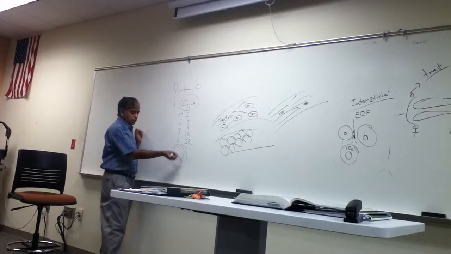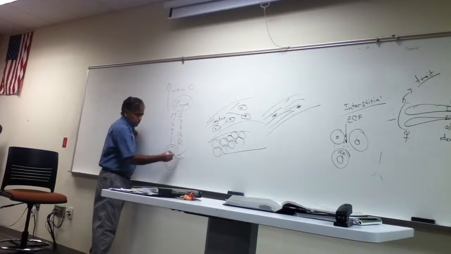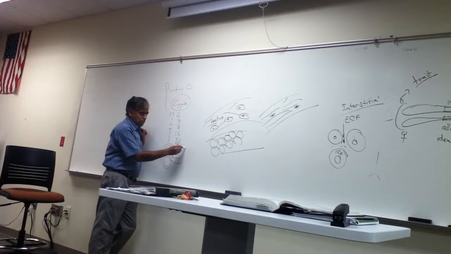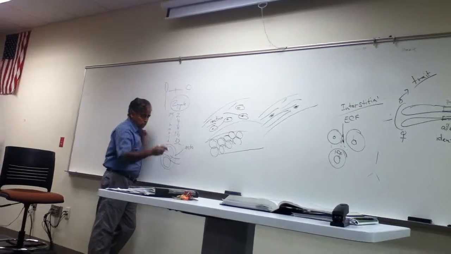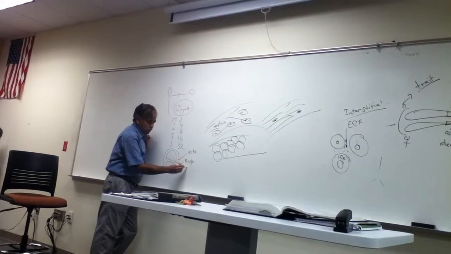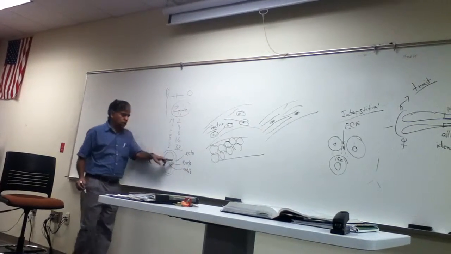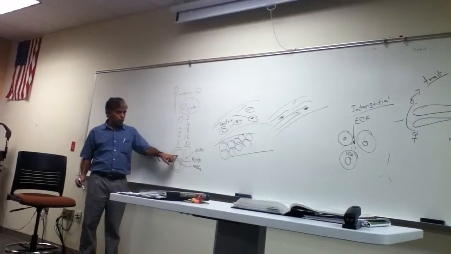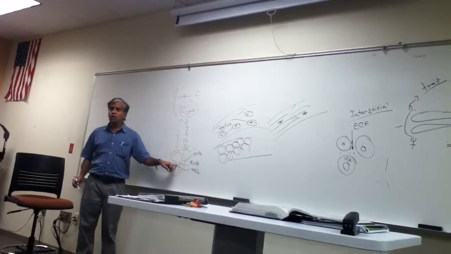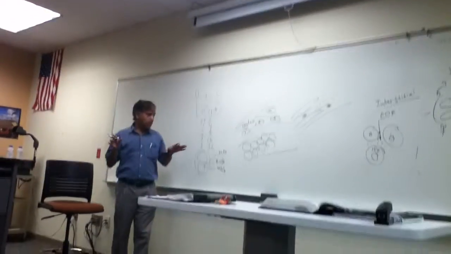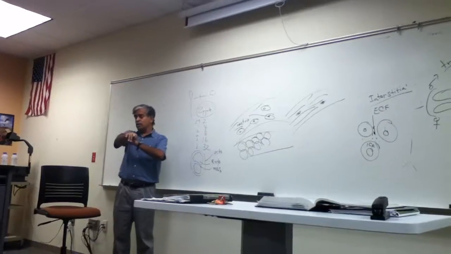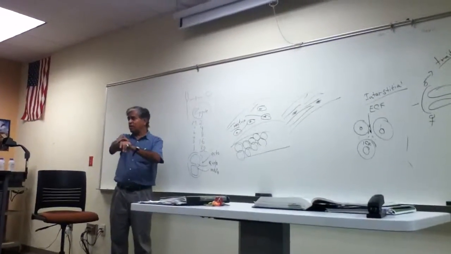When you come up to this point, it starts differentiating instead of just dividing, and growing into different layers called germ layers. The outermost layer will be the ectoderm. You see those words: ecto, endo, and mesoderm. Ectoderm is the outer layer, endoderm is more inside, and in between is the mesoderm. These are the first 3 germ layers. Later, the ectoderm will become your epidermis, the skin.